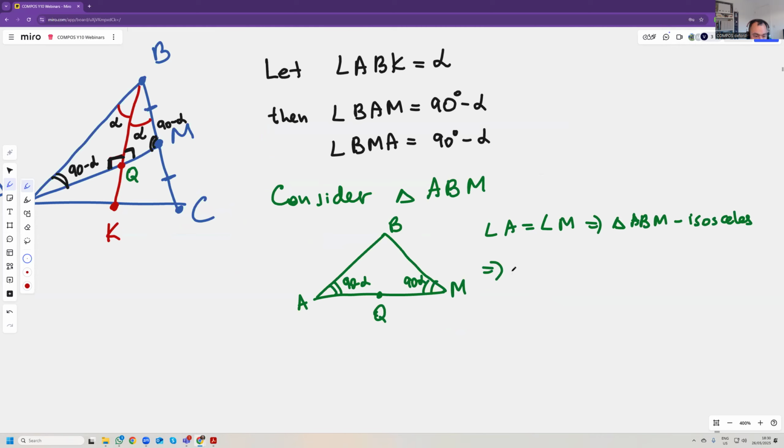And that means that AB is equal to BM. So this side is equal to this side.